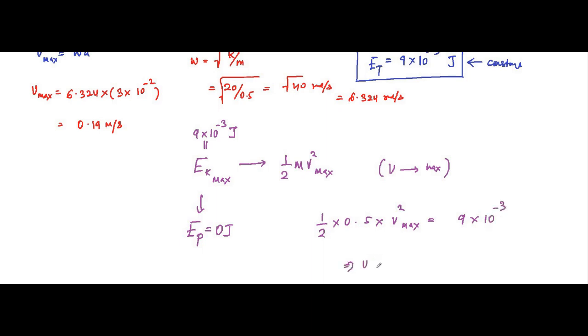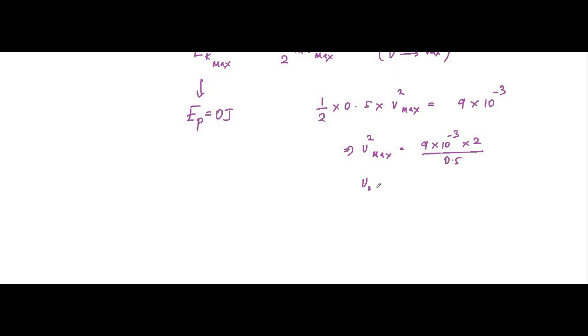That implies V square max is equal to 9 into 10 to the power minus 3 into 2 by 0.5, or V max is equal to root over of that, which is also 0.19 meter per second. Same thing.